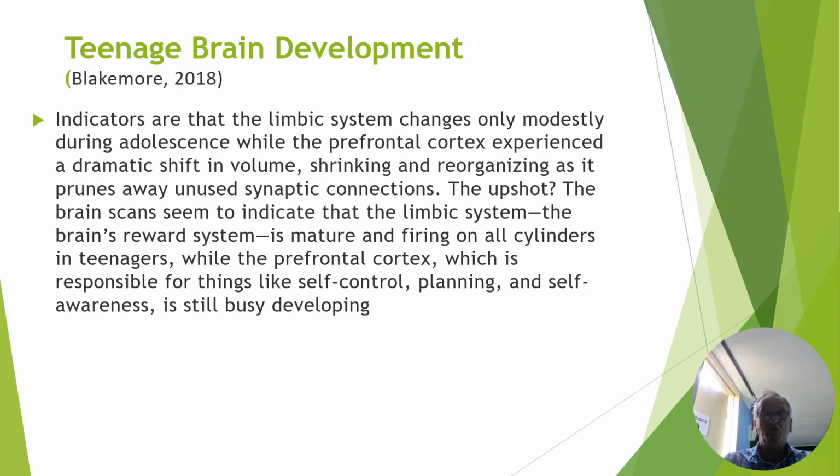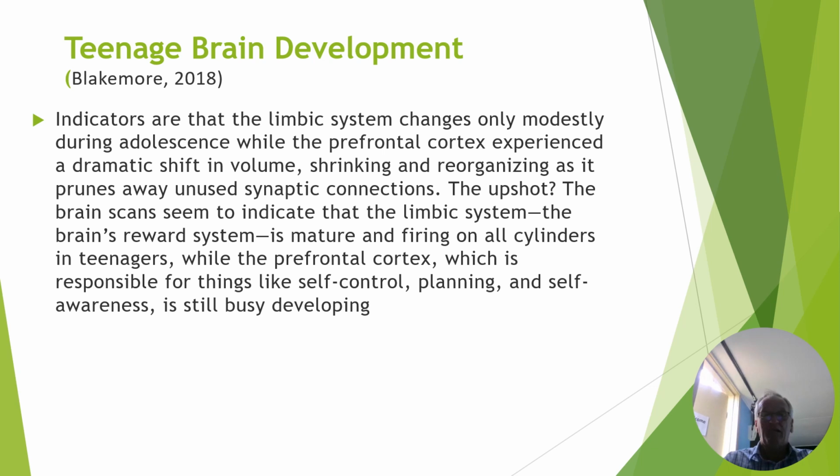According to Blakemore, indicators are that the limbic system changes only modestly during adolescence. It's largely fully developed, while the prefrontal cortex experiences a dramatic shift in volume, often largely due to pruning of old synaptic connections.